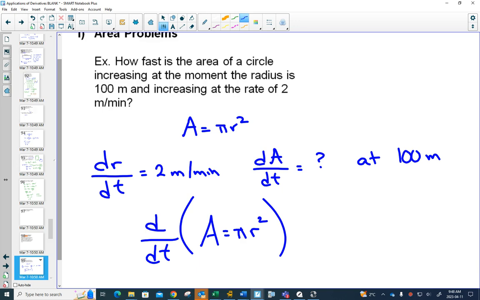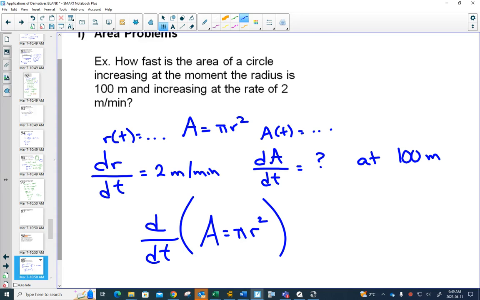Even though we don't know what A of t equals, and we don't know what r of t equals, we're going to imagine they exist. And implicit differentiation allows us to do this.